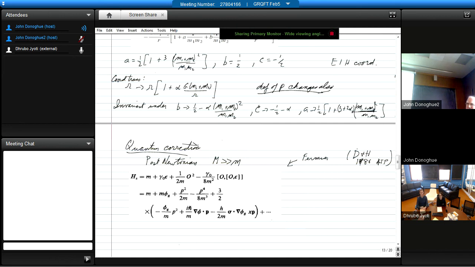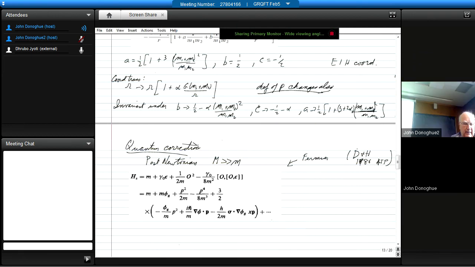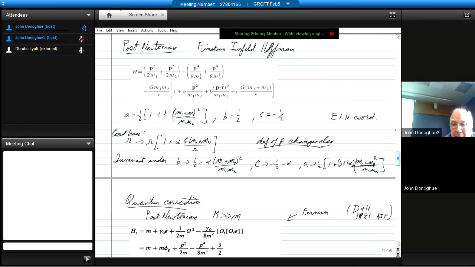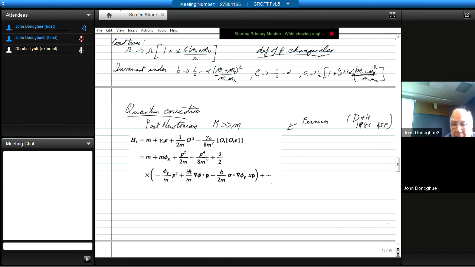So here's what it looks like. You do the Hamiltonian for a fermion in a gravitational field. You get sort of the same sort of things. You get the mass pieces first. There's the gravitational potential that we derived already. There's p squared over 2m. There's the general relativistic correction, this phi g times p squared pieces that sit in the Einstein-Infeld-Hoffmann parameterization.